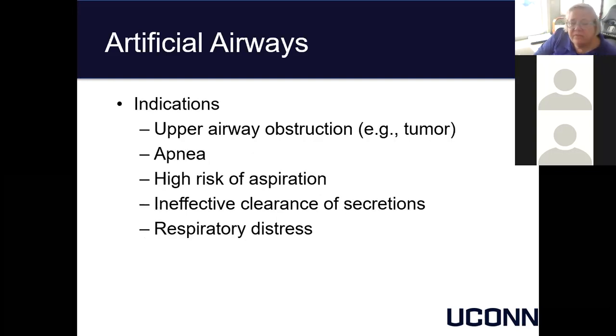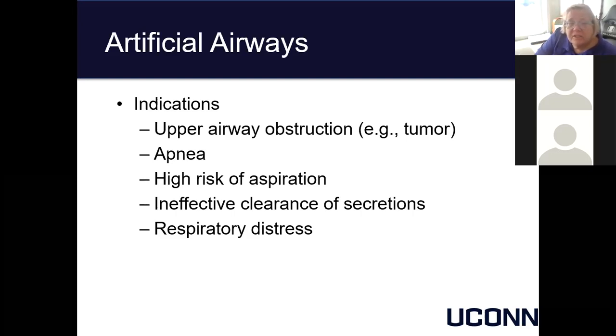Now, both of these are big infection risks. That's one of the biggest deals. They can be used when there's an airway obstruction, such as a tumor, or if a patient's not able to breathe on their own, whether it's, again, mechanical or neurological.